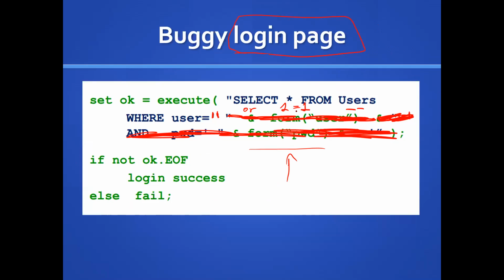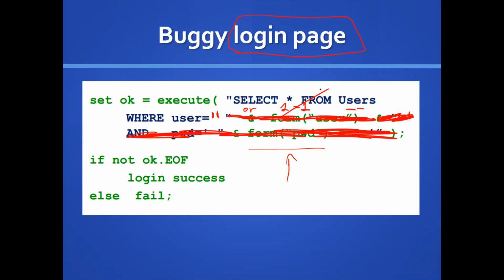So what does this query do? Select all from users where user something or 1 equal 1. What is 1 equal 1? Always true. Very good.